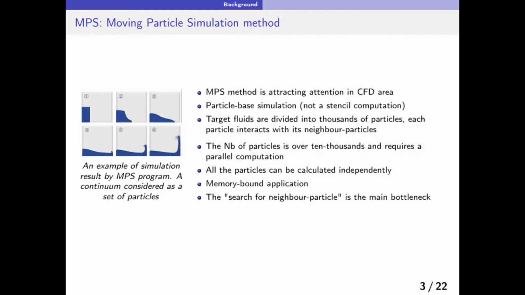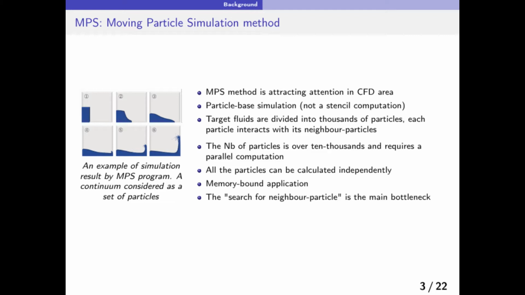The target of our research is MPS, which stands for Moving Particle Simulation Method. It is an attractive solution in the computational fluid dynamics area. You can see an example of the MPS method on the left. The figure represents the flow of a water column, where each picture is a screenshot taken at a different time.